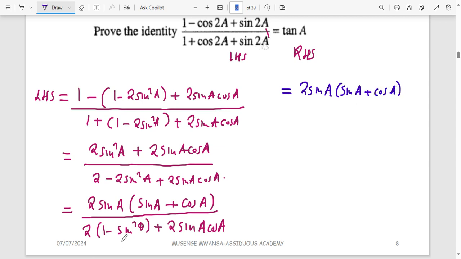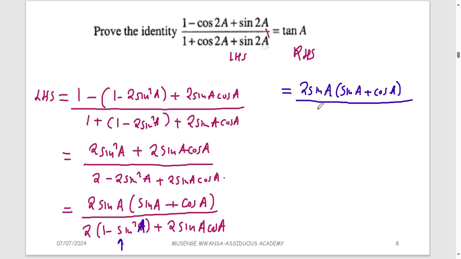Those with mathematical eyes, what can you see about 1 minus sin squared theta? Why did I change to theta? This is A. What can you see about that? No one has mathematical eyes.